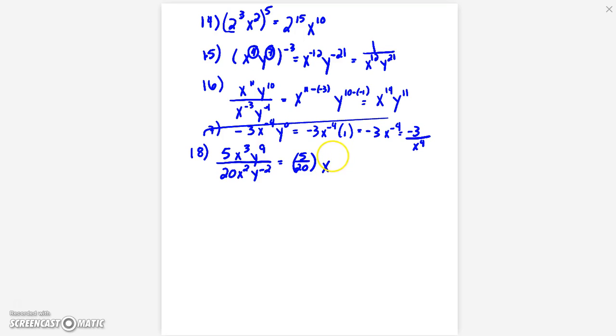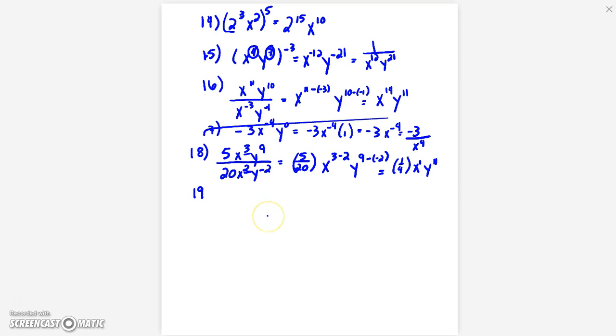So x cubed minus 2, right? Because we take the 3 and subtract the 2. And then y to the 9 minus a negative 2 equals 5 over 20. I'm going to reduce that to 1/4 times x. 3 minus 2 is just 1. You don't have to write that one. And y, 9 minus a negative 2 is 11.